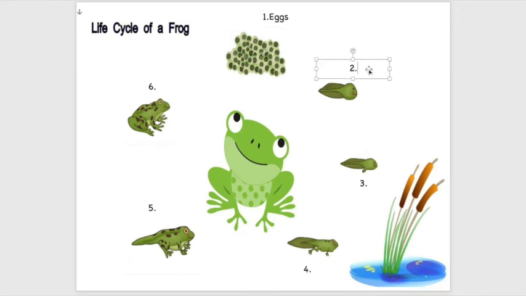Then the eggs start to grow. They hatch from their eggs and they grow into this right here. That's stage number 2. Does anyone know what that's called? It starts with a T. Tadpole.